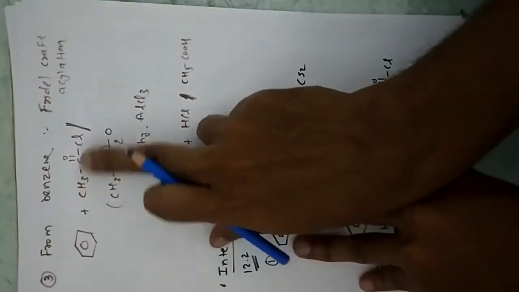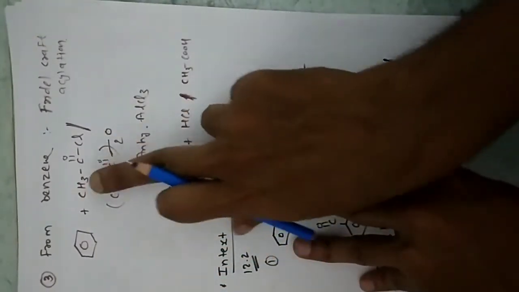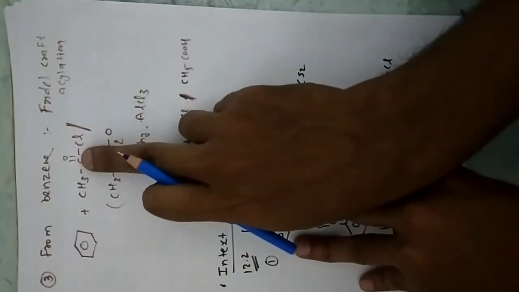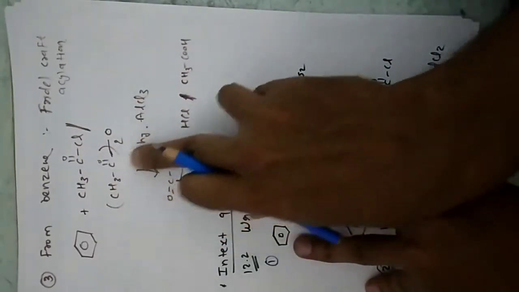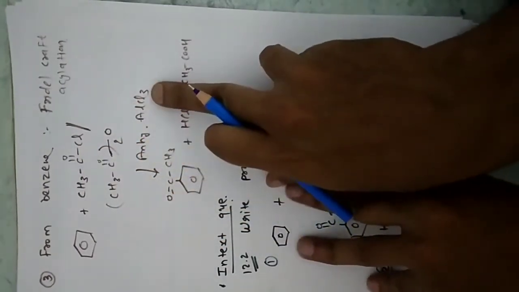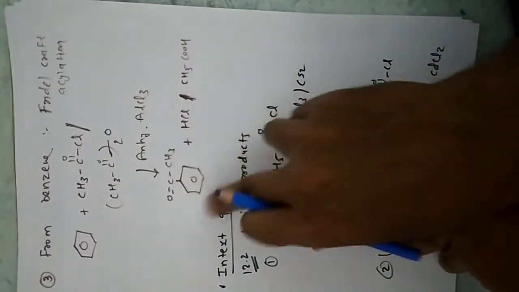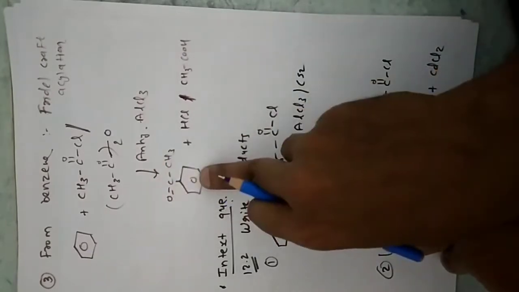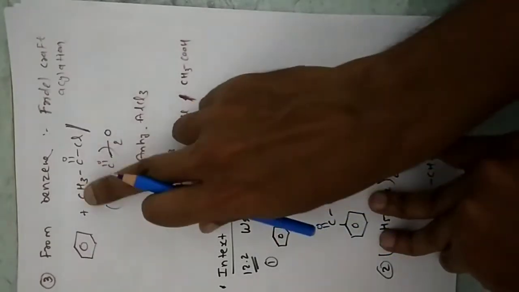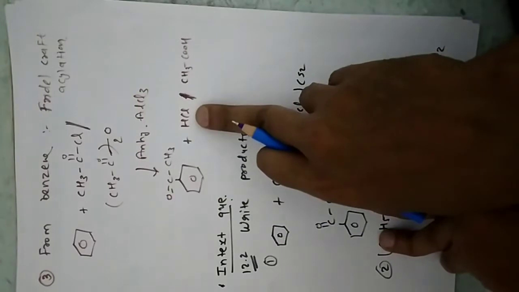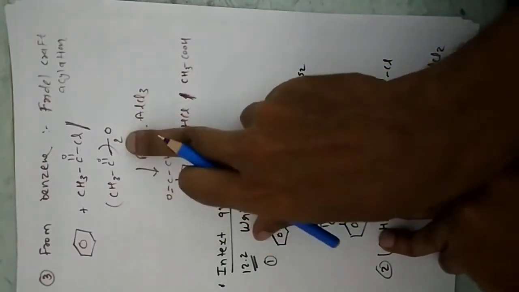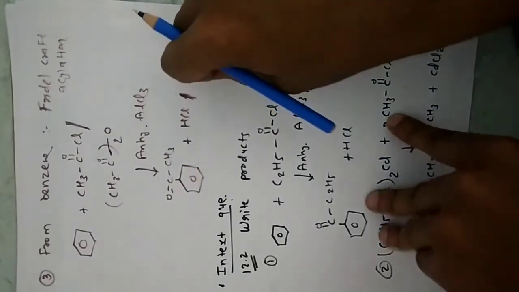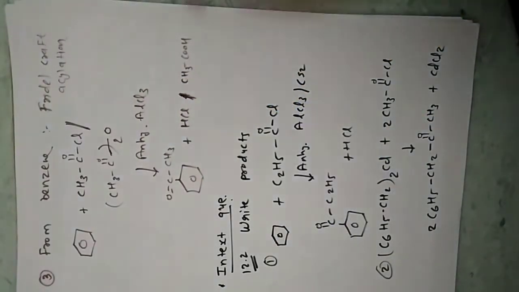When benzene reacts with acid chloride or acetic anhydride, any anhydride, in the presence of anhydrous AlCl3, it gives us the ketone group, benzene COCH3, plus HCl. If you are using acid chloride, then HCl will be the byproduct, and if you are using anhydride, then acetic acid will be the byproduct. So these are three preparations of ketone.